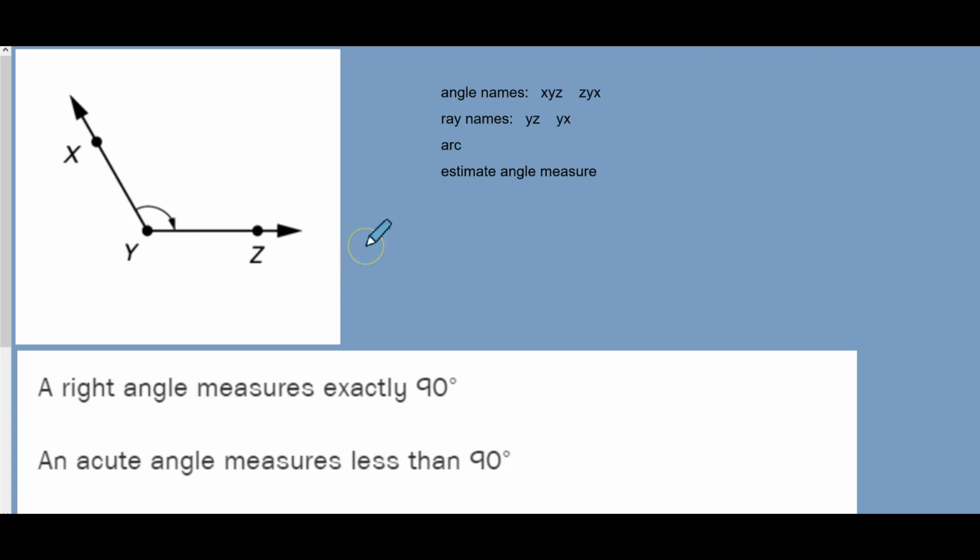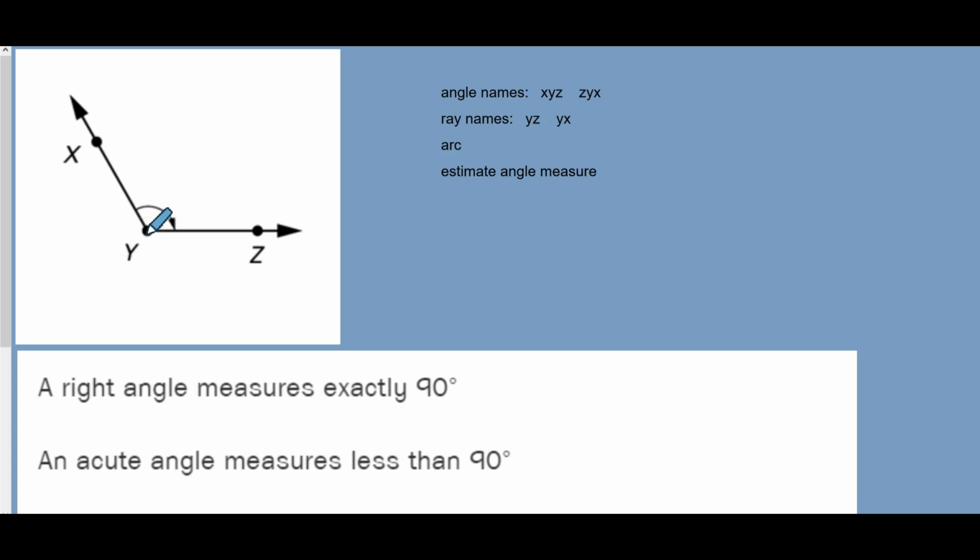Okay, if we want to estimate the size of this angle, we look at the arc, which shows us the spread to be measured. This looks to me like it is greater than 90 degrees. So it must be an obtuse angle. Now, about how much do I think this could be?